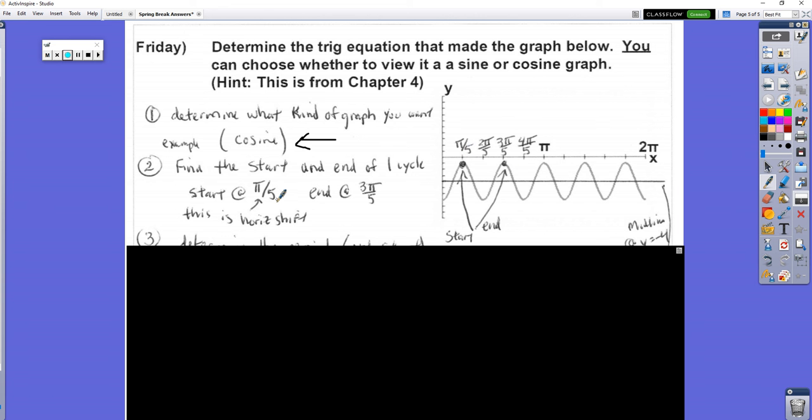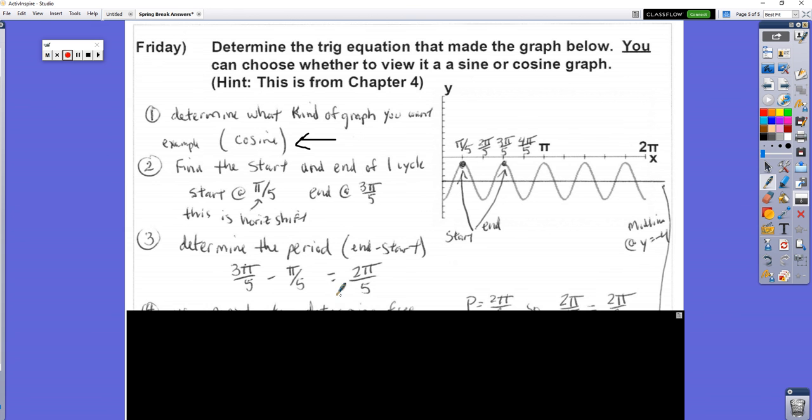So my start is at pi over 5, and my end is at 3 pi over 5. Where you start from represents the amount of horizontal shift in your problem. Because I'm not starting from 0, I'm starting from pi over 5, that means my graph got moved over to the right pi over 5. I'll show you where that goes in the formula later.